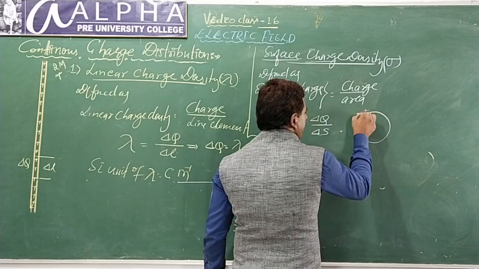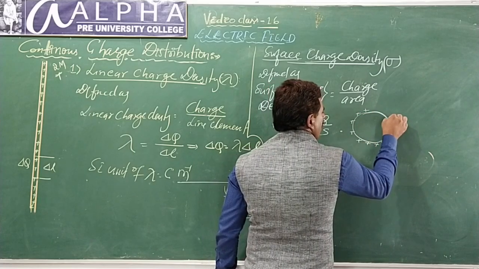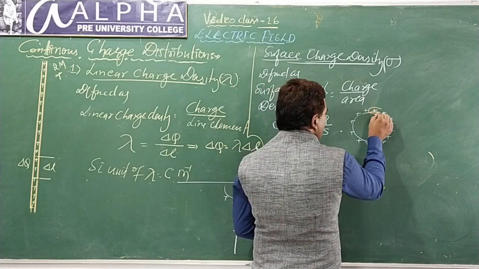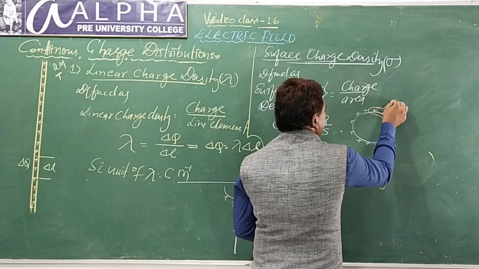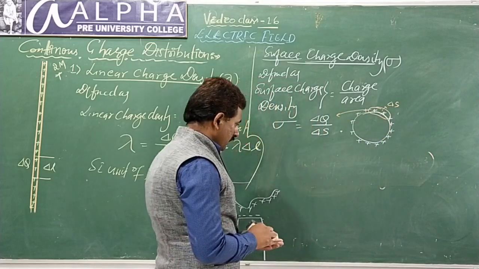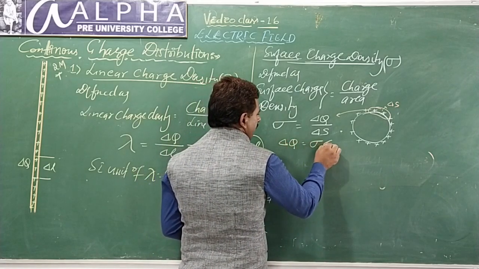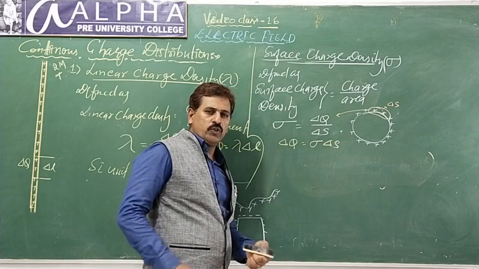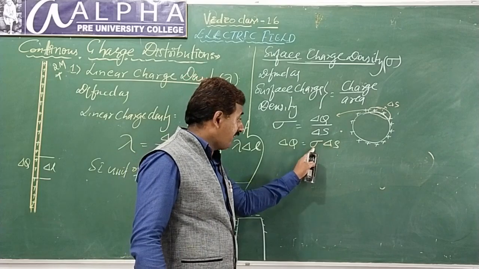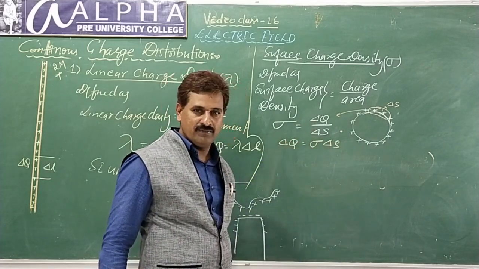Charges have been spread all over the surface. You need not always consider a spherical one; for simplicity, I consider this. Here a small area delta S, where the charge is delta Q. Now, we can solve for delta Q as sigma into delta S. Once you know charge density, you can find the charge in a given area. Charge density times area is the given charge.